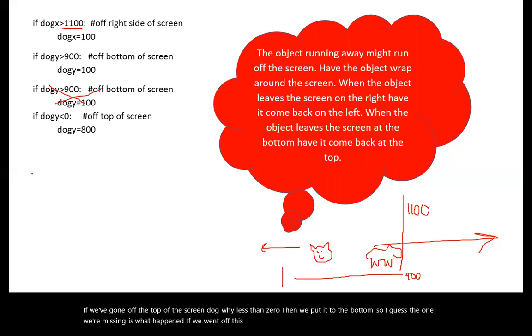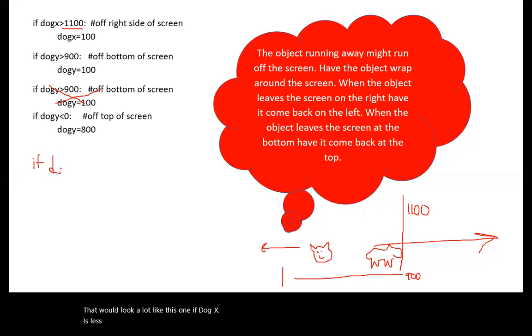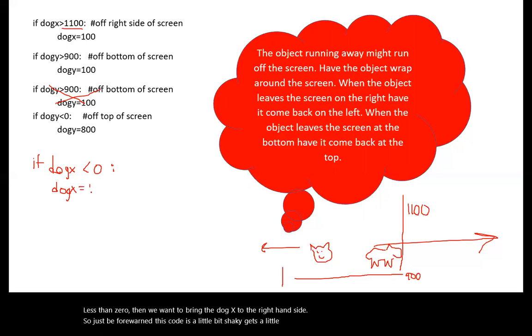So what would that look like? That would look a lot like this one: if dog X is less than 0, then we'd want to bring the dog X to the right-hand side. So just be forewarned, this code is a little bit shaky, gets a little bit confused with itself.